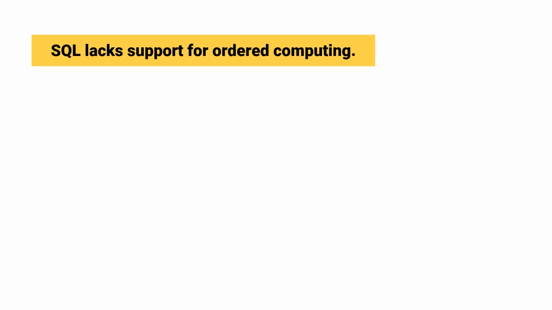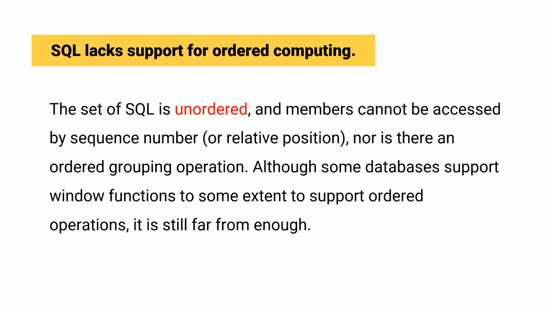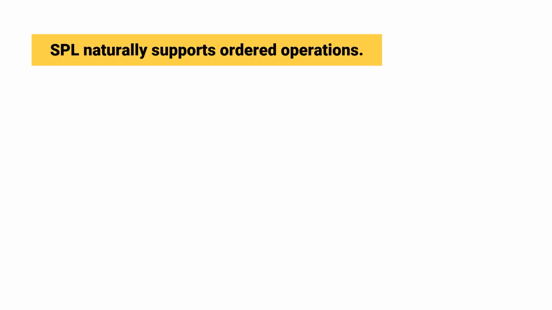This is because the set of SQL is unordered, and members cannot be accessed by sequence number or relative position, and there is no ordered grouping operation. Although some databases support window functions to some extent to support ordered operations, it is still far from enough. For example, using window functions in this example is still difficult. SPL directly provides support of order, naturally supporting ordered operations, so that code can be written according to natural thinking.